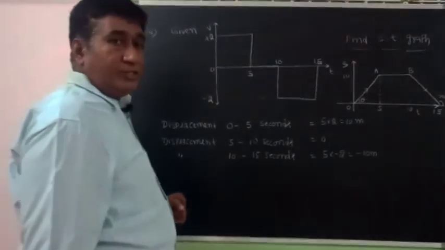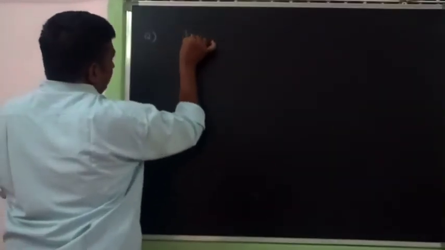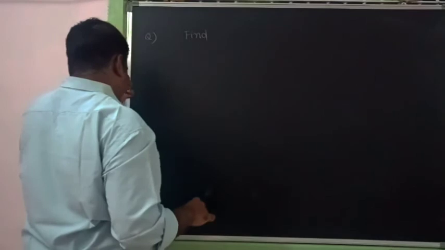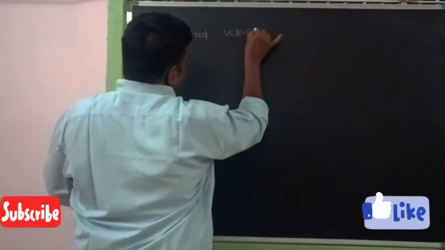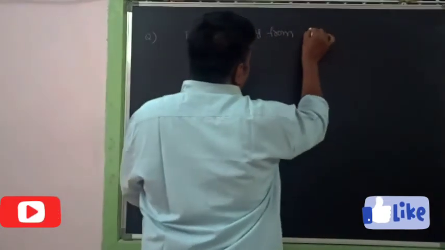These are some examples related to the velocity time graph. Then the next one is, find the velocity from the given graph.